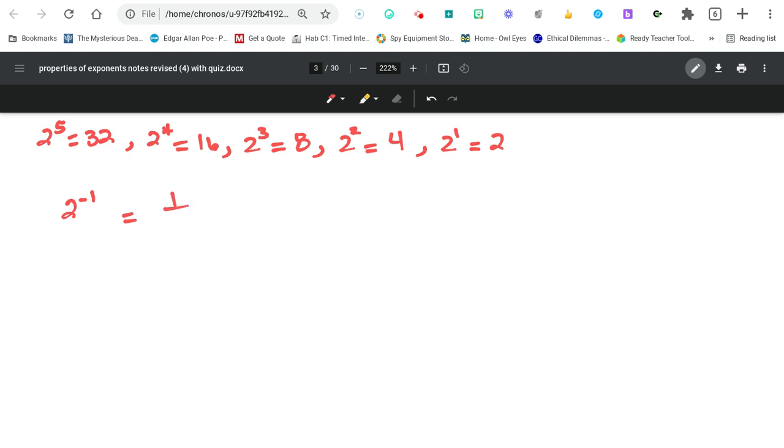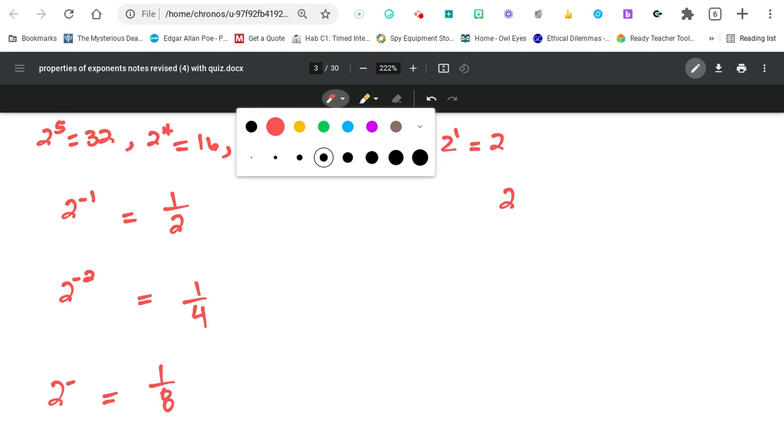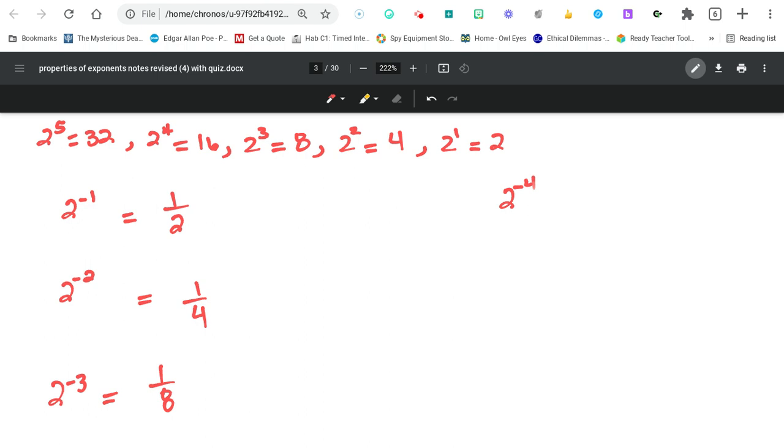It was 1 over 2, okay? 2 to the negative second power was 1 over 4. 2 to the negative third power was 1 over 8. Make sure you're leaving some room. 2 to the negative, and that doesn't look like a 3, that looks like an 8. 2 to the negative fourth power was 1 over 16. 2 to the negative fifth power was 1 over 32.